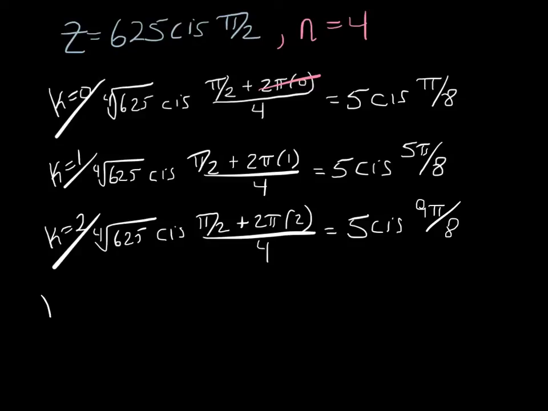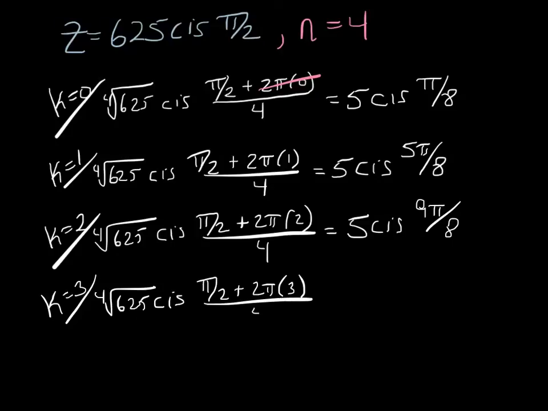And the last one, fourth root of 625 cis pi over 2 plus 2 pi times 3 over 4, 5 cis. So this is 6 pi plus pi over 2. That's 13 pi over 2. And 13 pi over 2 over 4 is 13 pi over 8.